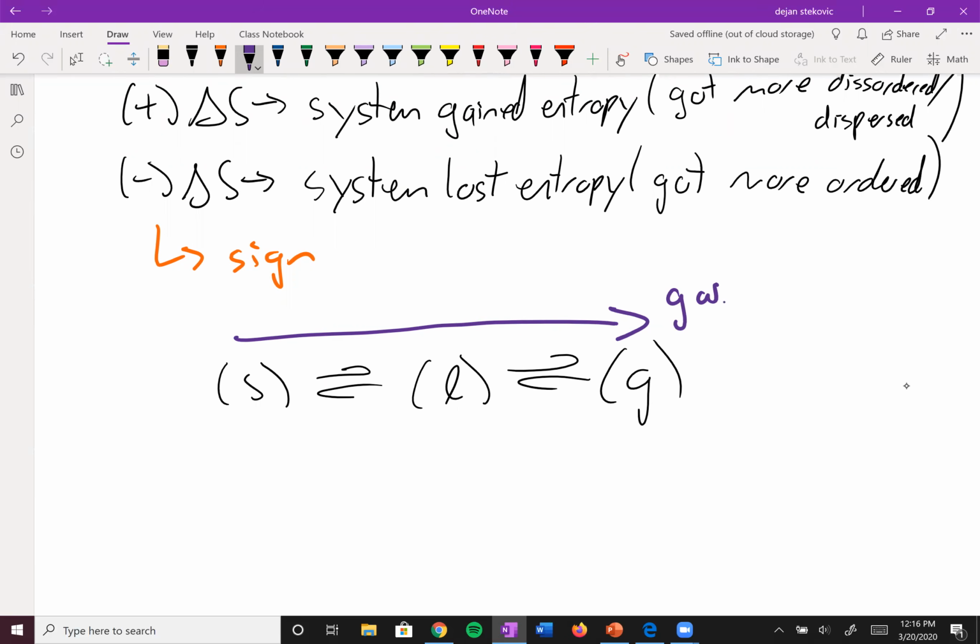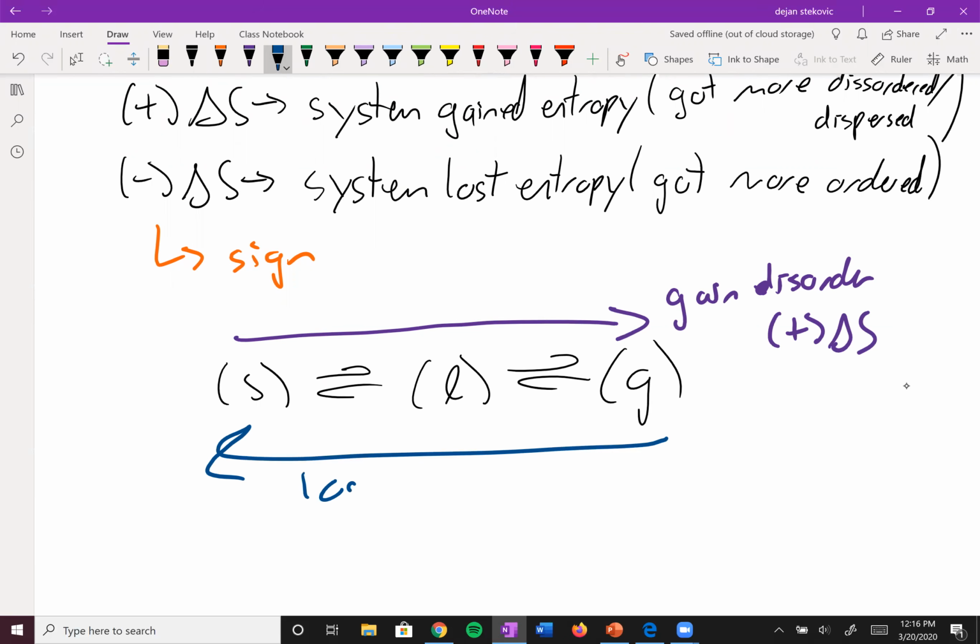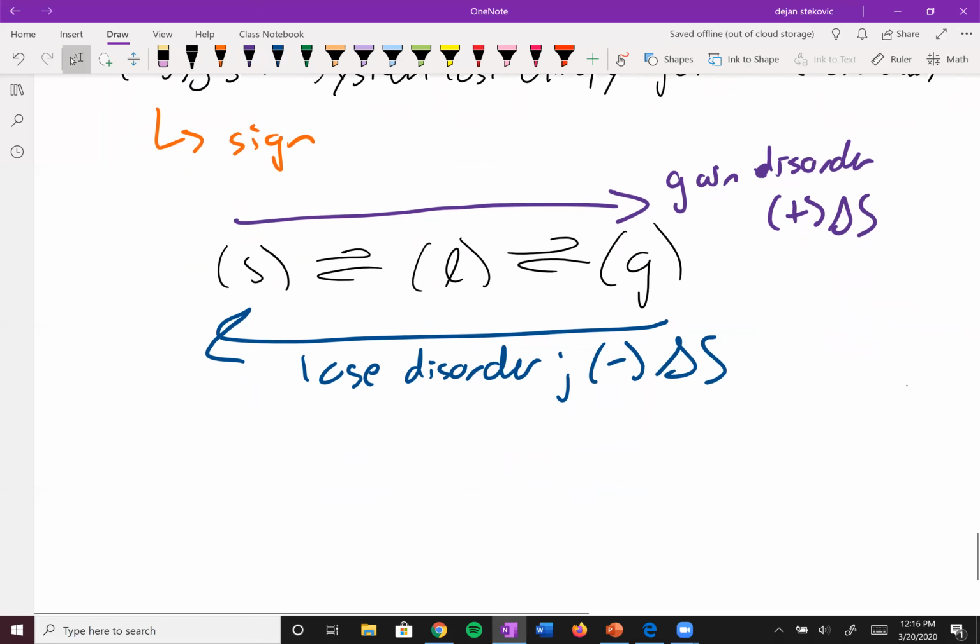So going left to right, you gain disorder, and so it's a positive delta S. And going from right to left, you lose disorder, or you become more ordered, whichever way you want to say it. You have a negative delta S.